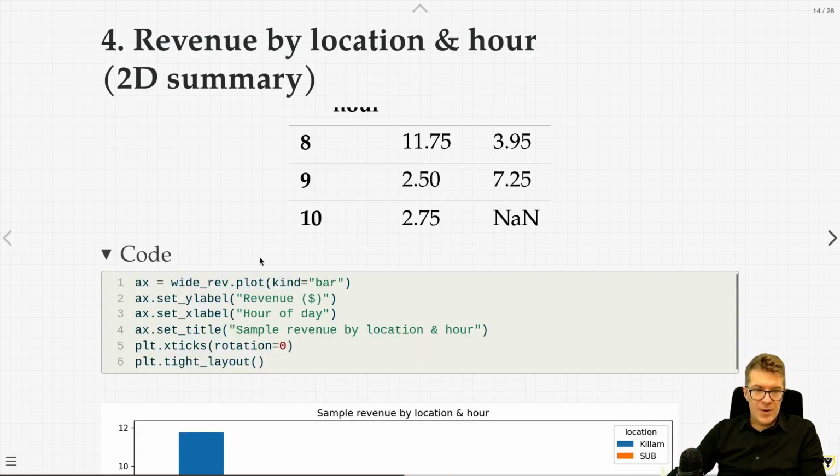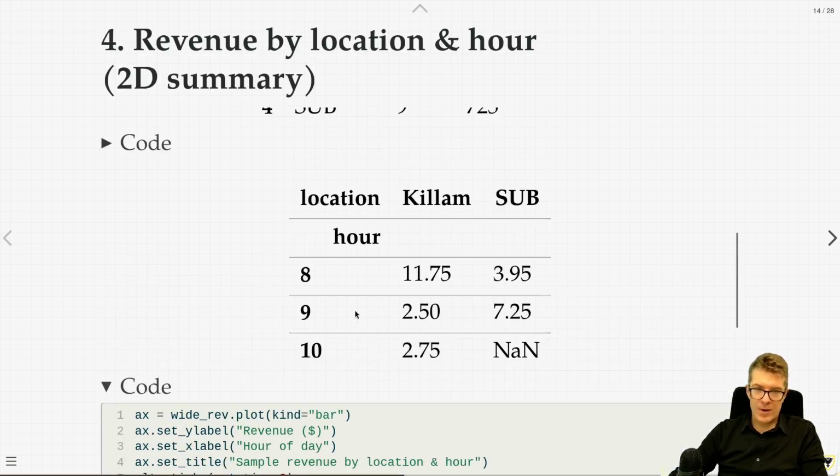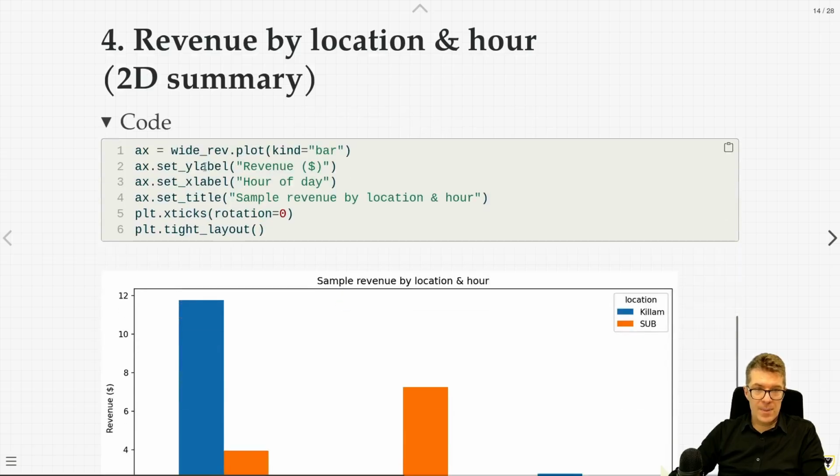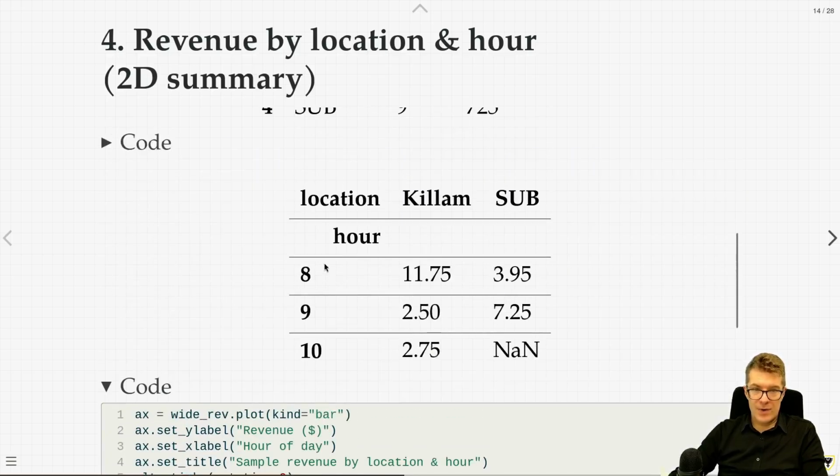This code takes this wide table. So if you care about hour versus location, this provides a bar chart in which the Y labels are revenue and the X labels are going to be hour of the day, right? So Y labels come from the values. The X labels come from the hours.